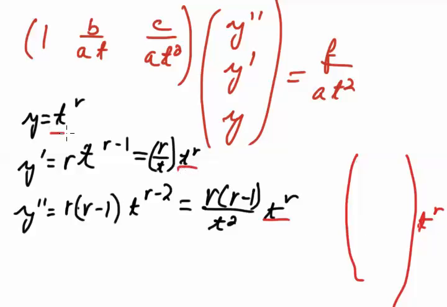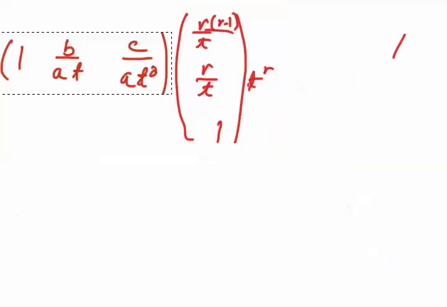And we'll have 1, r over t, and r times r minus 1 over t. Now we're going to take that and multiply, yes, there was a t squared up here.